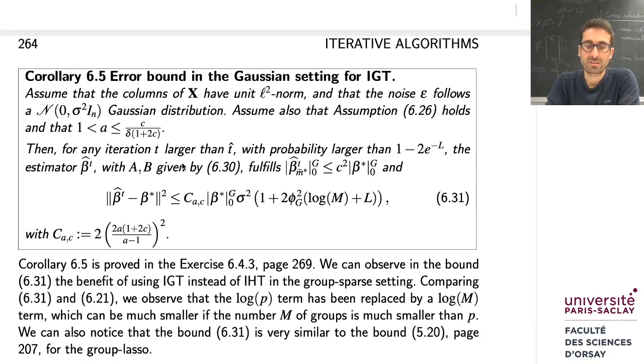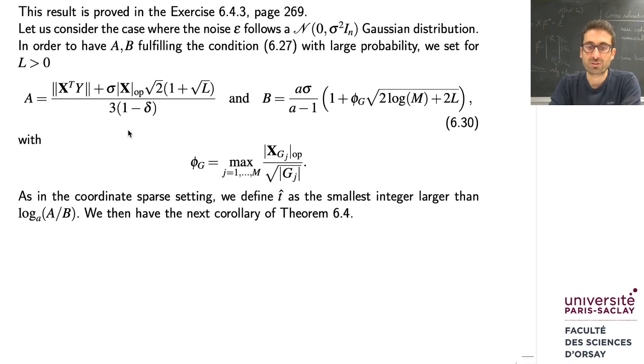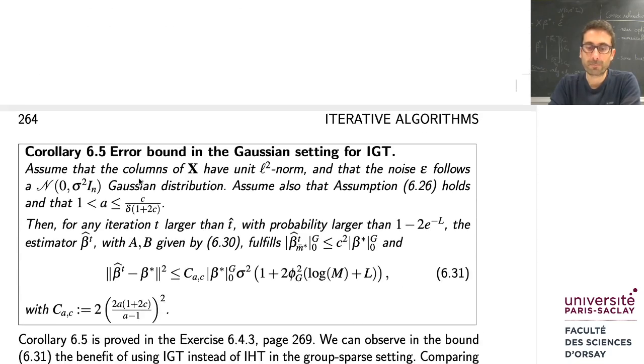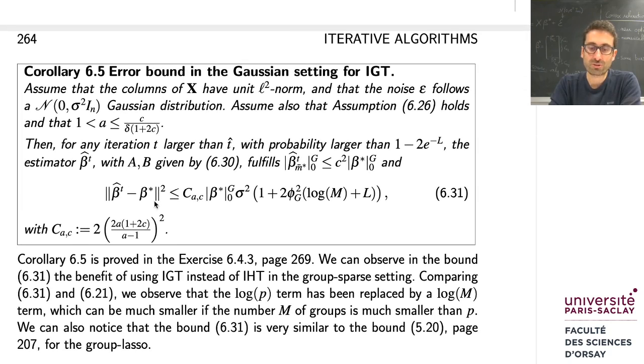Under the assumption of a restricted isometry property, for this choice of small a, and for this choice of capital A and capital B, we have this reconstruction error, which is smaller than the size of the group support of beta star times sigma squared times this term, where we have the logarithm of m times this constant phi j squared.